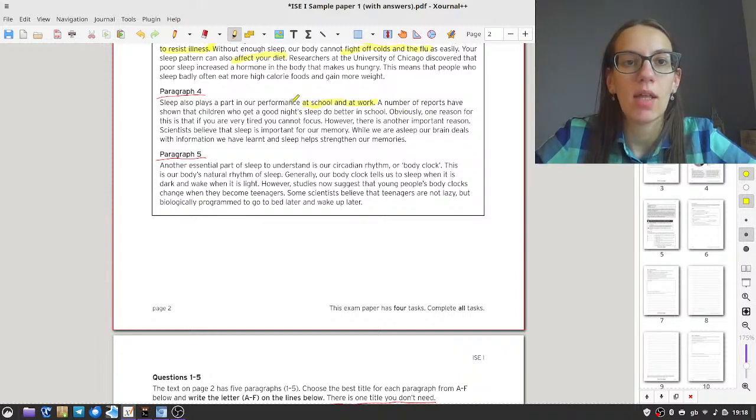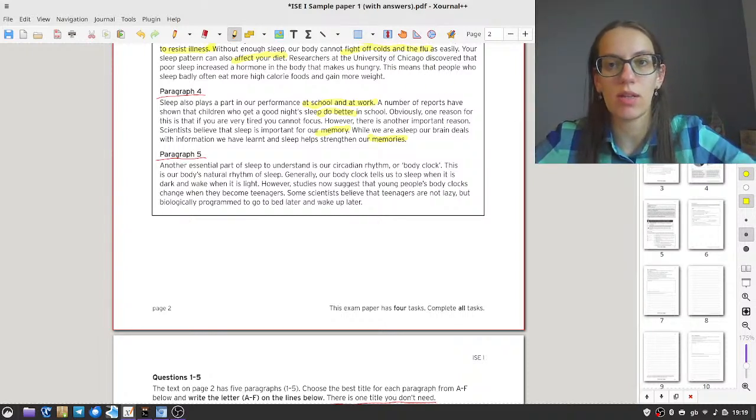Yeah, and then we have information that children do better at school if they sleep well. Yeah, and also information about sleep being important for our memory. Yeah, and strengthening our memories.